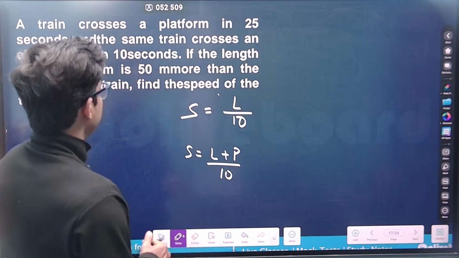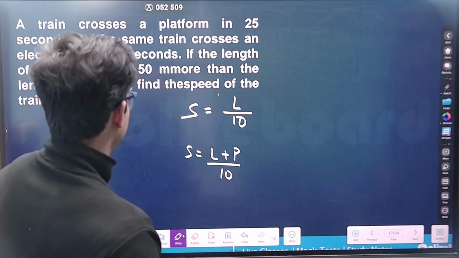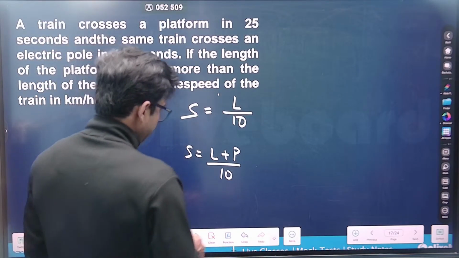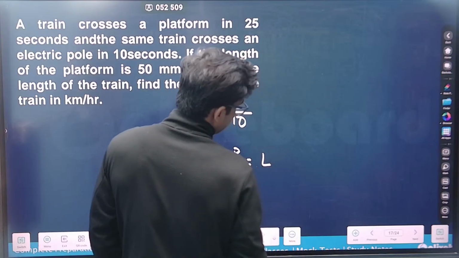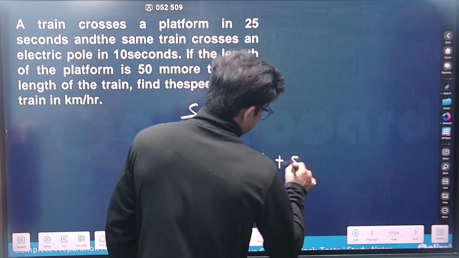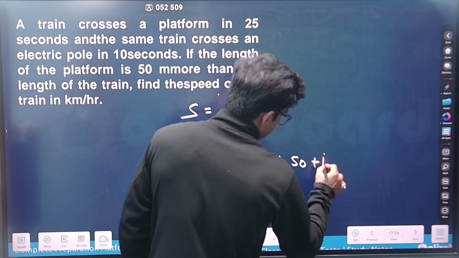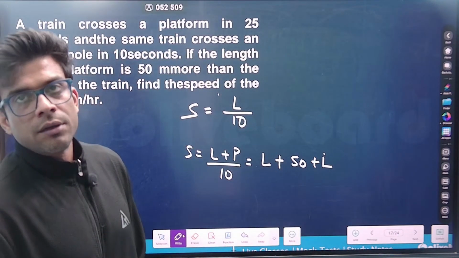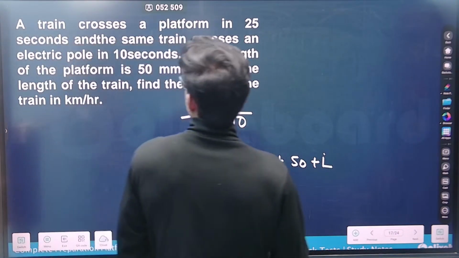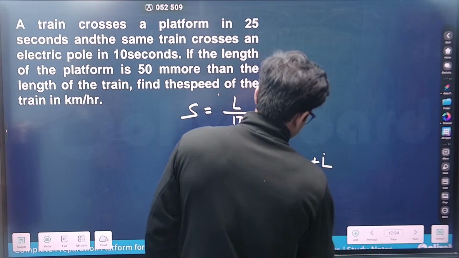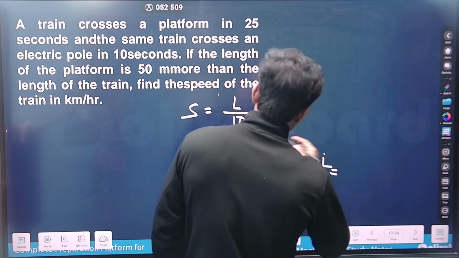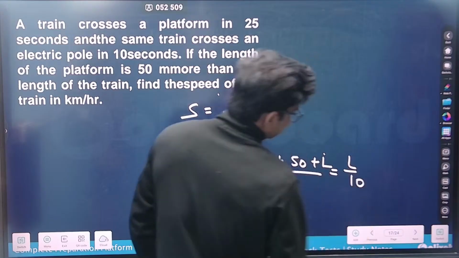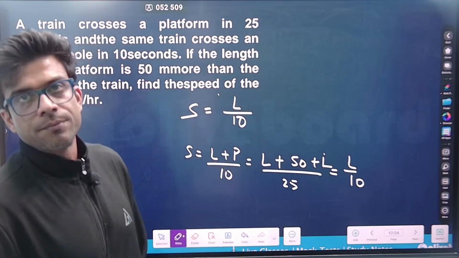Now they are saying that the length of the platform is 50 meter more than the length of the train. Now if the length of the train is L, then the length of the platform would be 50 plus L. Is it right? And this it does in 25 seconds, which equals length of the train by 10, because the same train is doing so.